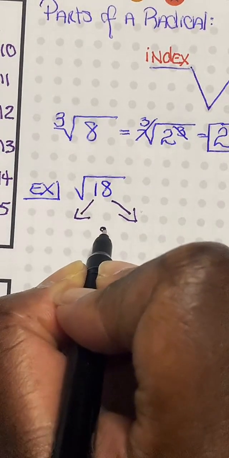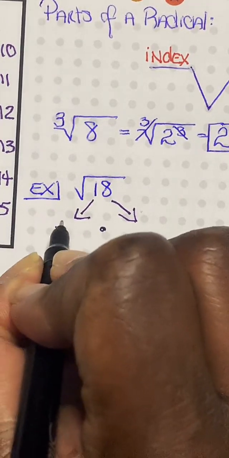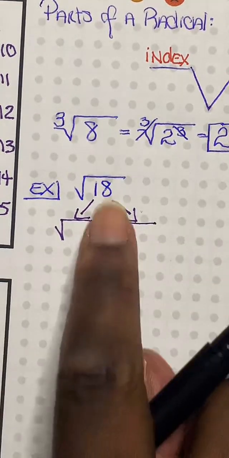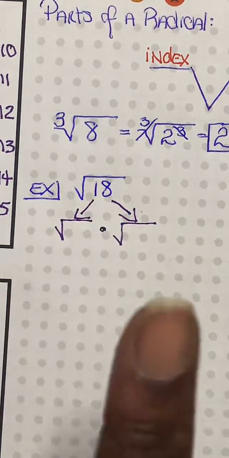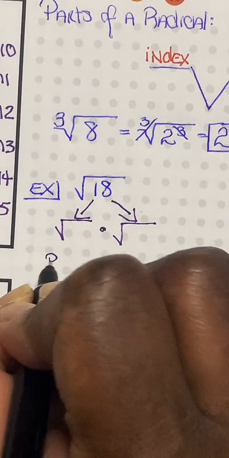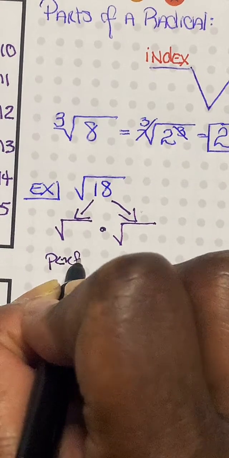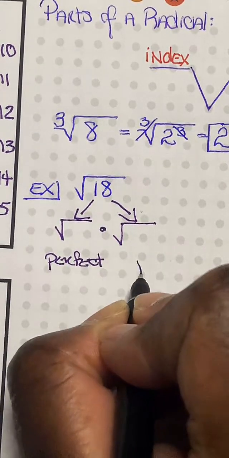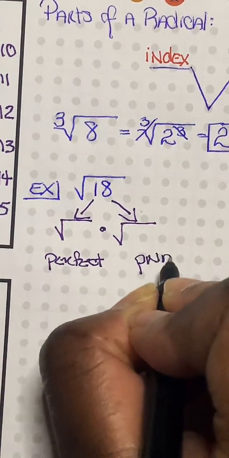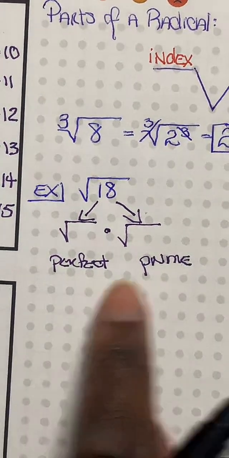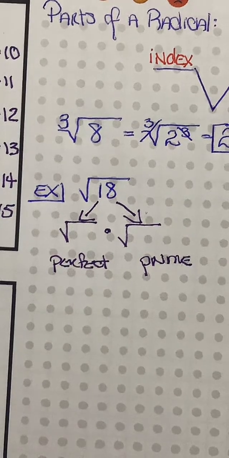We need to think of two numbers multiplied together that will give me 18. But here's the thing. One of them needs to be a perfect square, and the other needs to be prime. Okay? So, here's a little bit of background.